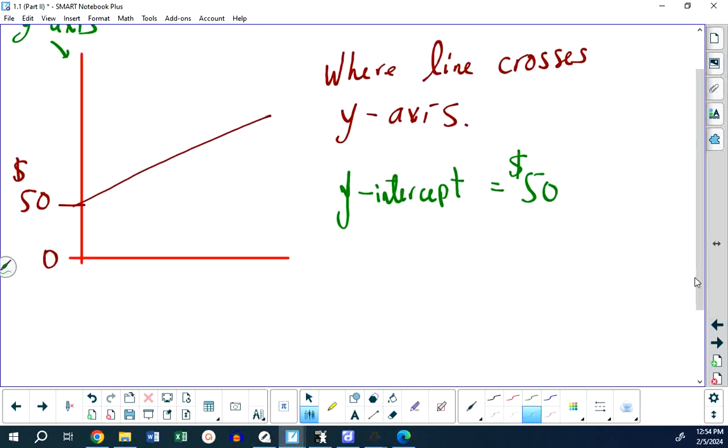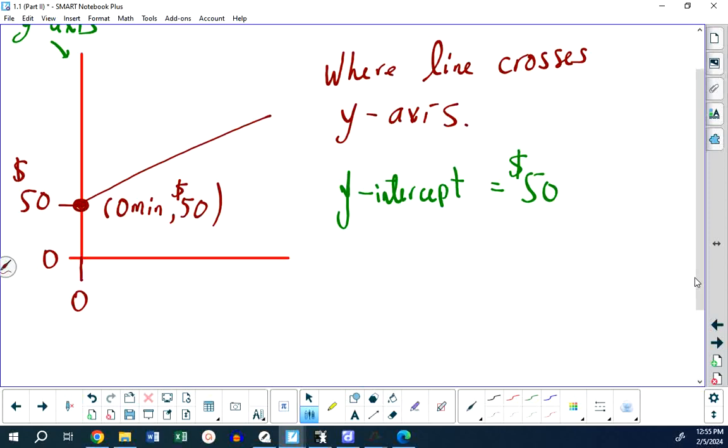Well, I know this is tricky, but I want to point out to you that this is 0 as well. So the coordinates of this point, which is the y-intercept, there's an x-coordinate of 0 minutes and a y-coordinate of $50. So why is that y-intercept $50? Because that's the flat amount.